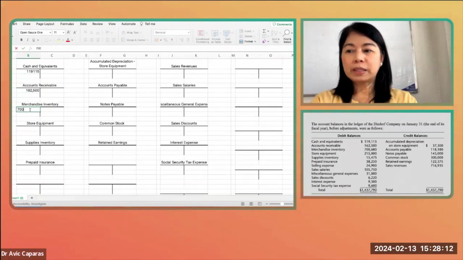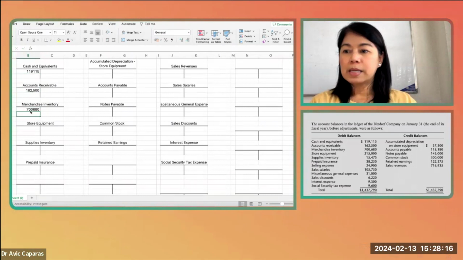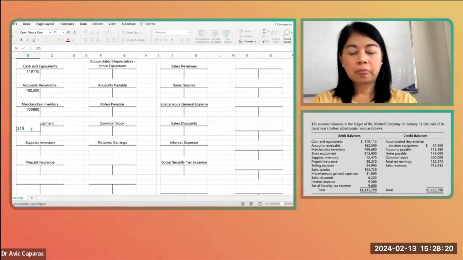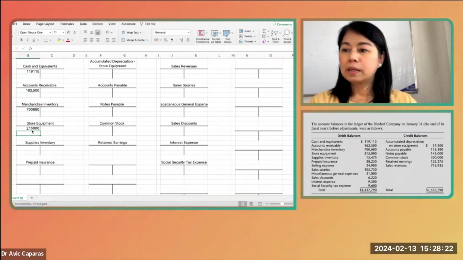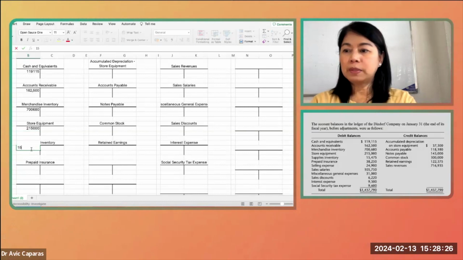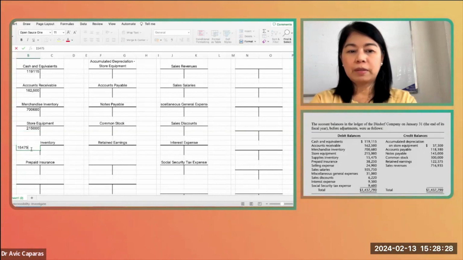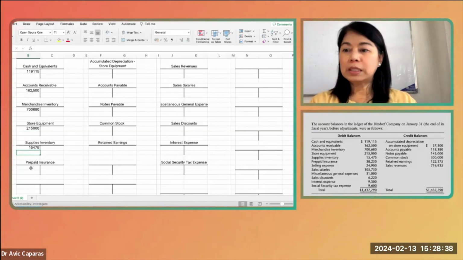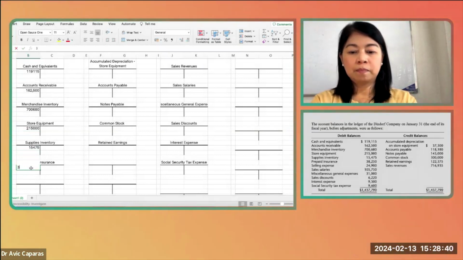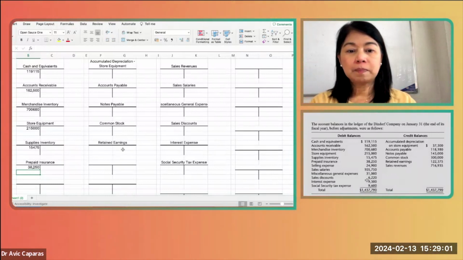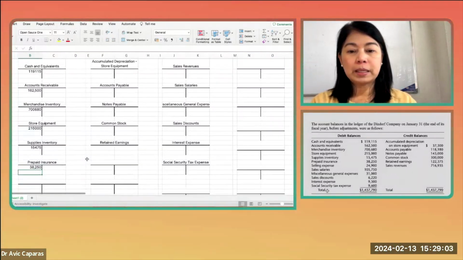So we put it on the left side. And then store equipment, 215,000. Supplies inventory, 15,475. Prepaid insurance is 38,250.